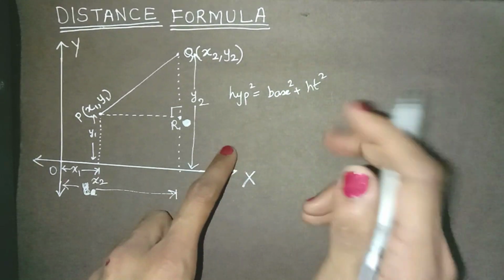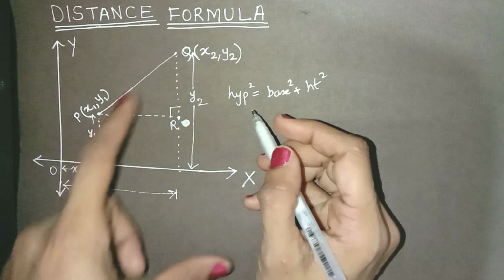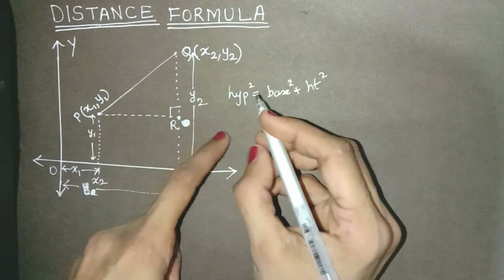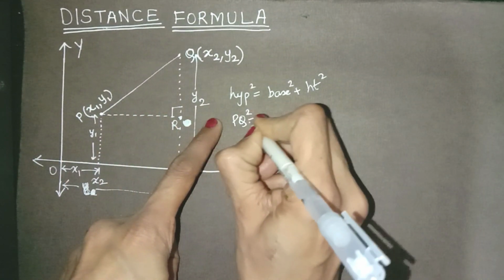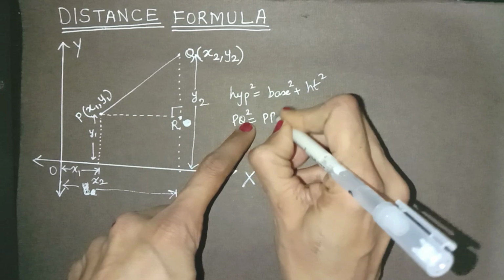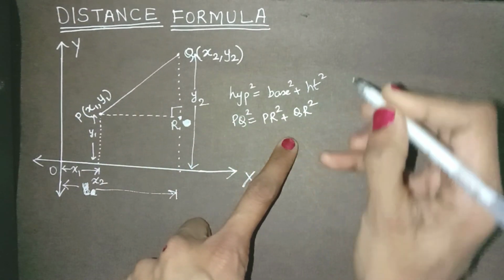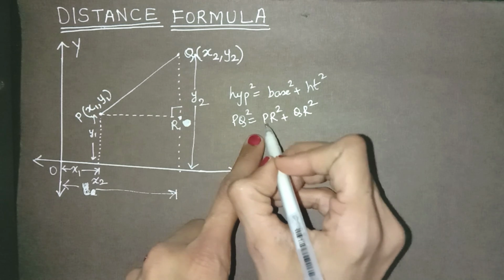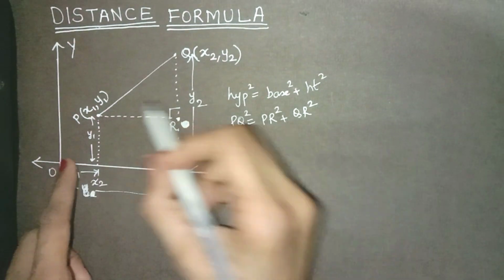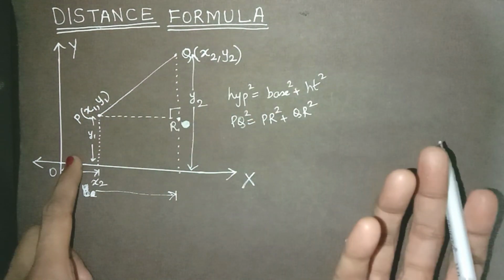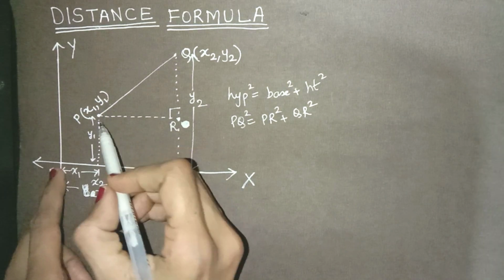Do you remember that? Okay, now what is the hypotenuse here? Yes, it's the side opposite 90 degrees. So PQ square is the base square, which is PR square, and the height is, yes, QR square. So if I somehow find what is the value of PR and QR, I will be able to find this distance PQ, right?